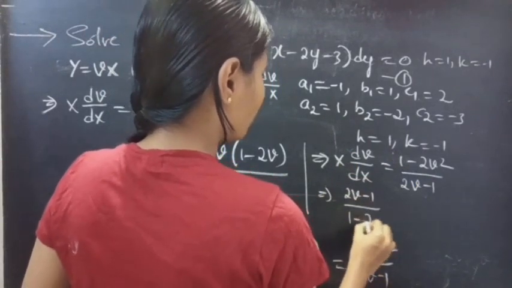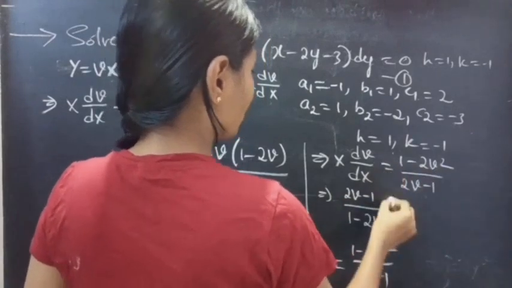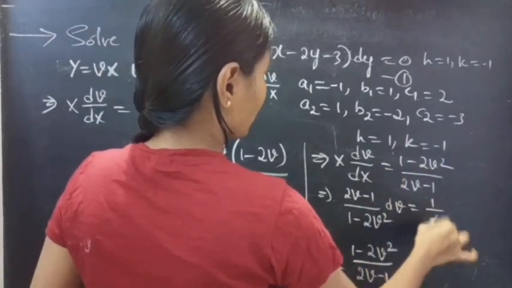Then the above equation becomes 2v minus 1 by 1 minus 2v square into dv equals 1 by x into dx.